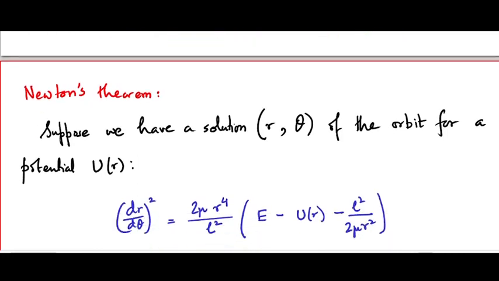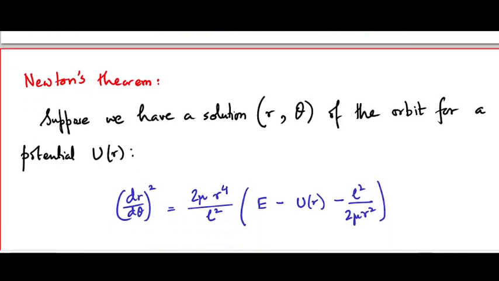Of course, this solution will obey the quadrature equation that we had written down a while ago, that is (dr/d theta) whole squared is given by 2 mu r to the 4 by L square into E minus U of r minus L square over 2 mu r square. This combination is nothing but the effective potential, and the fact that the effective potential already has a 1 by r square term is basically behind the theorem's proof.